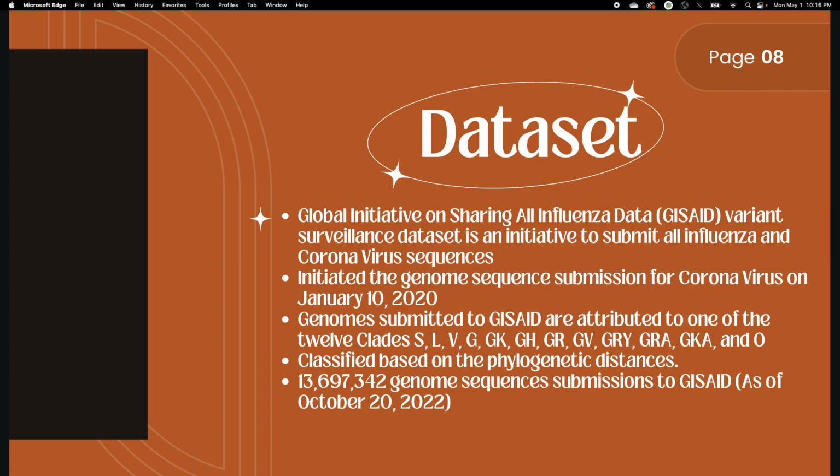They started the genome sequencing submission for coronavirus in January 2020, and any genomes submitted to GISAID are attributed to one of these 12 clades, and that is how GISAID names the submitted clades. It is based on phylogenetic distances. There are some other ways of naming the variants, like WHO named it in one way, and Pangolin named it in another way. There are a total of 13 million genome sequence submissions to GISAID as of October 20, 2022.